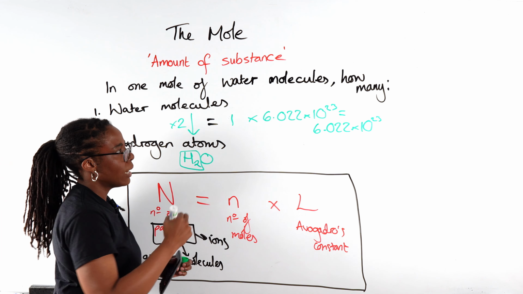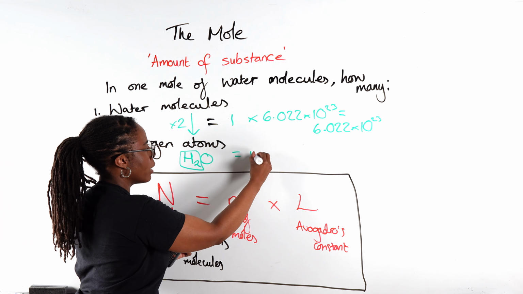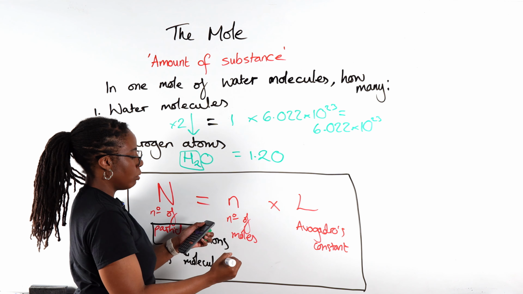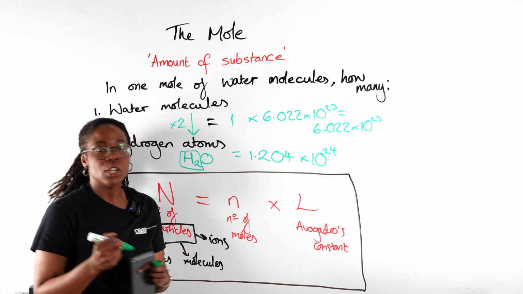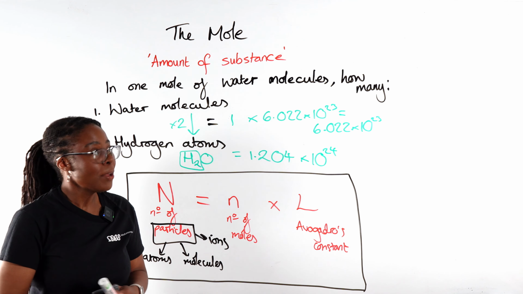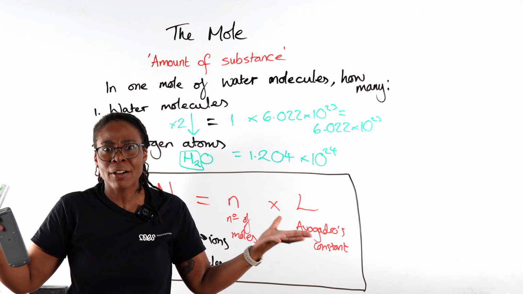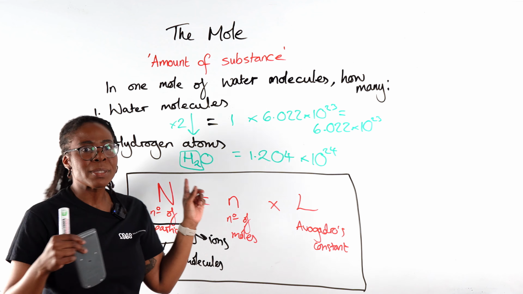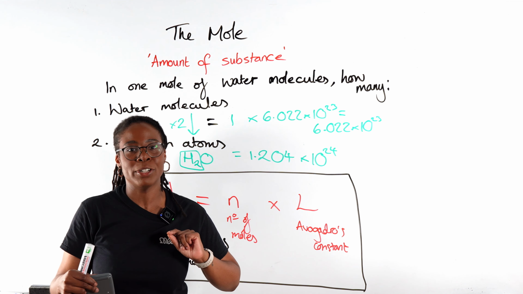So how many hydrogen atoms are there? That times 2, which is 1.204 times 10 to the 24. Okay, because you can have more atoms within the molecule than you have molecules themselves. Okay, should we do another example? I think let's do another example.